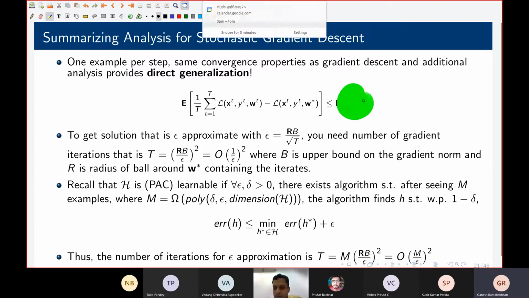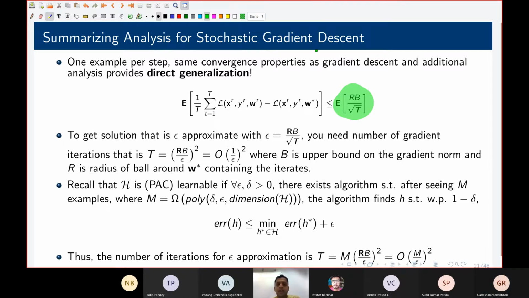It turns out that this kind of generalization, at least in stochastic gradient descent, if you want a solution that is epsilon approximate with epsilon equals RB by square root T, you will basically need number of iterations T that is 1 upon epsilon square, omega. Sorry, this is omega.